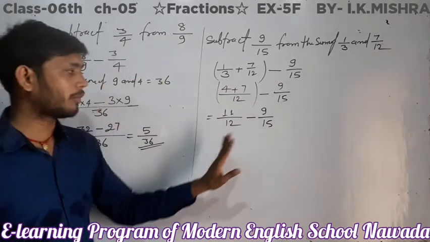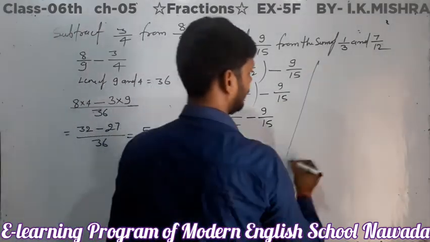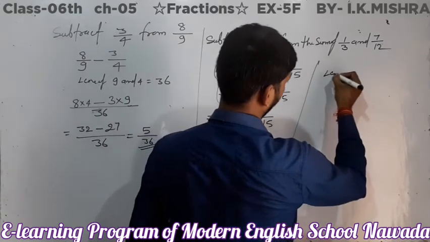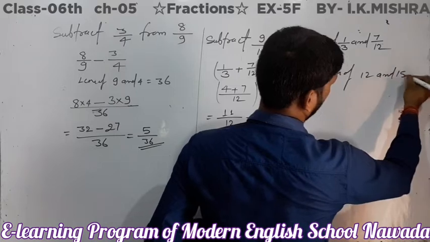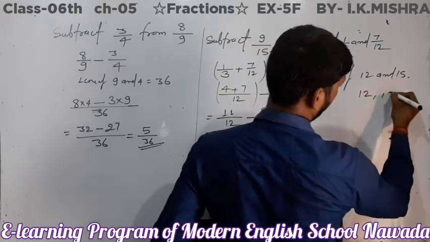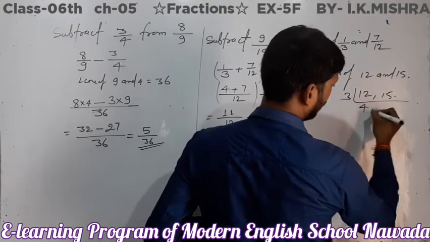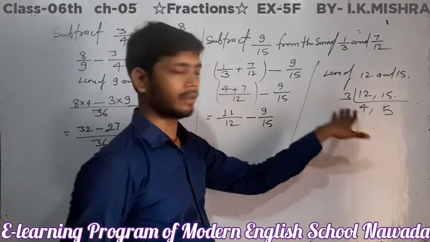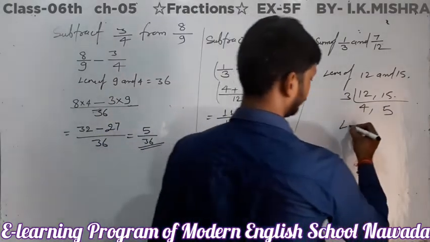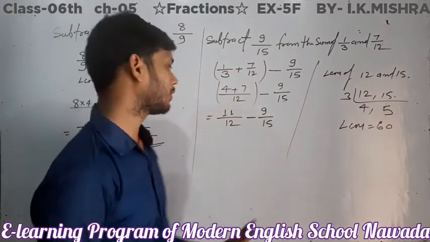After that, you have to find the LCM of the denominators 12 and 15. Dividing by 3, we get 4 and 5. That means the LCM is equal to 60.